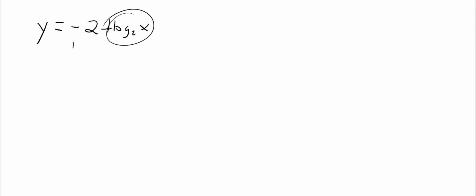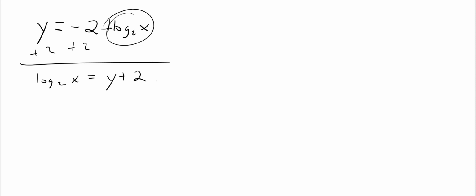So I'm going to add 2 to both sides, and then I'm going to write it as log base 2 of x equals y plus 2. Okay, now I'm going to write it as an exponential. So remember, 2 to the y plus 2 equals x. So x equals 2 to the y plus 2.